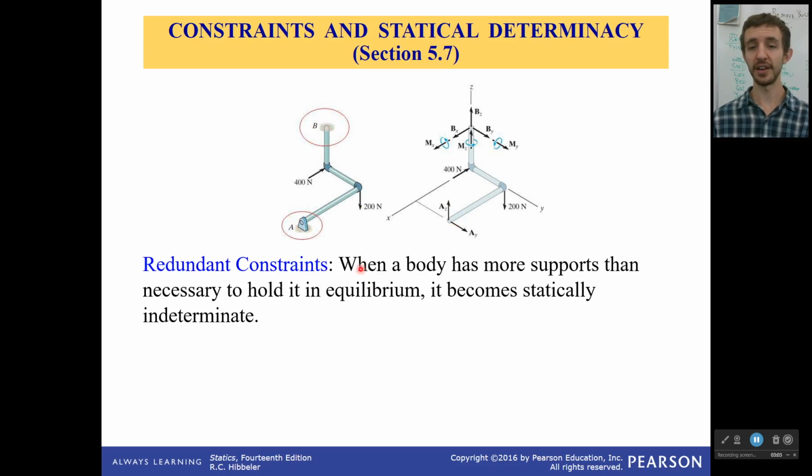Now, in this case, we have more supports than are necessary to hold it in equilibrium. Technically, we don't need this one to be holding it in every single direction and getting rid of all the moments. And because of this, it becomes statically indeterminate. Statically indeterminate. So what does that mean? It means that I have 8 unknowns, 6 here, 2 here.